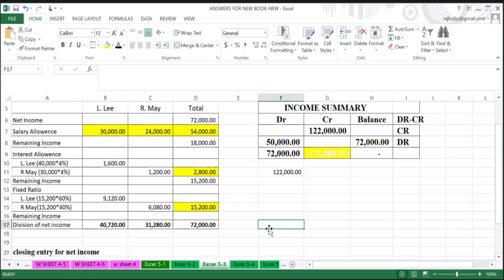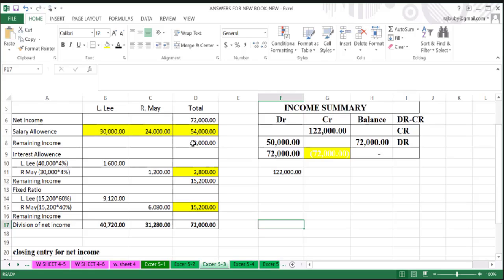I'm sorry, I missed the Lee and May 15,200. How can I calculate that one? From 18,000, the balance after they pay the salary, right? This is the salary they paid, 54,000.